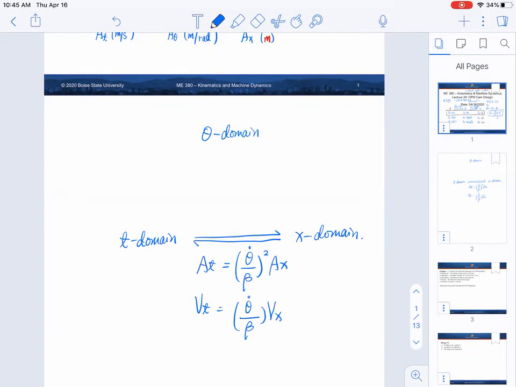In my video and also in my lecture notes, I derived these relationships using the chain rule. If you're interested, you can go back and check it out. But here, I directly give you the result.